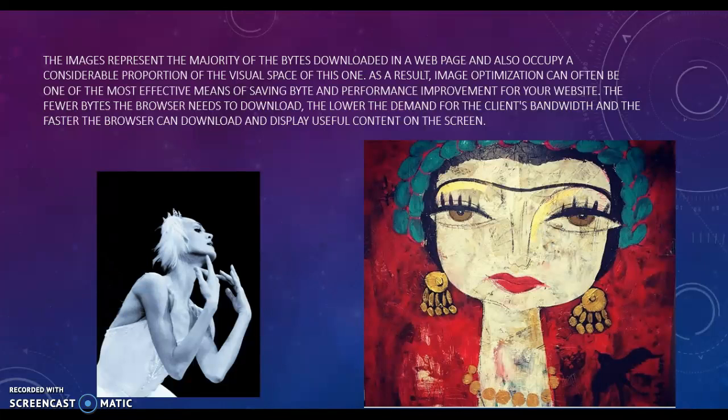As a result, image optimization can often be one of the most effective means of saving bytes and improving the performance of your website. The fewer bytes the browser needs to download, the lower the demand for client bandwidth, and the faster the browser can download and display useful content on the screen.